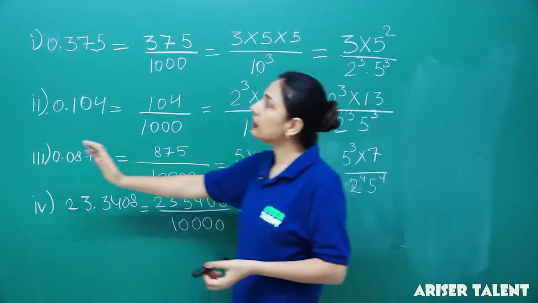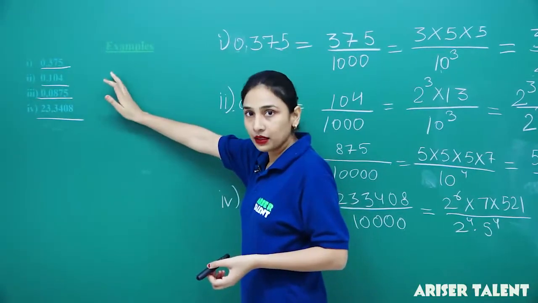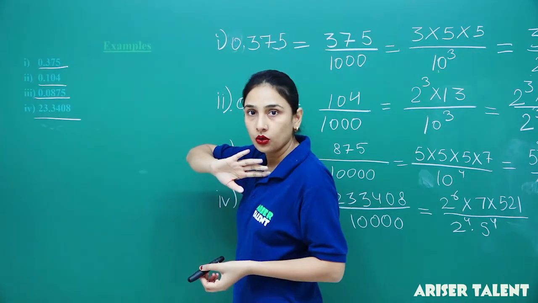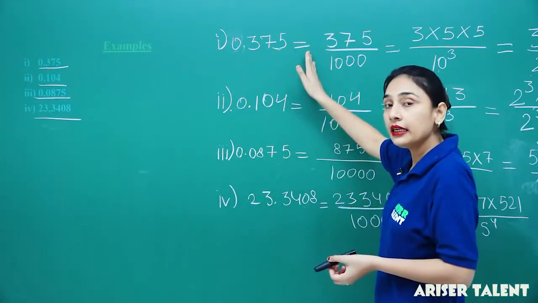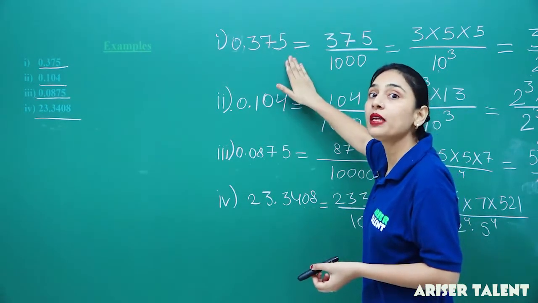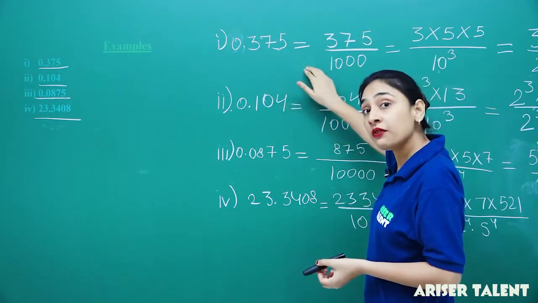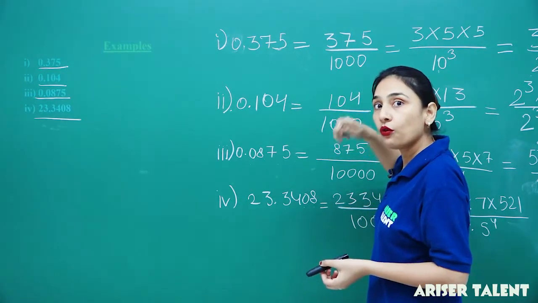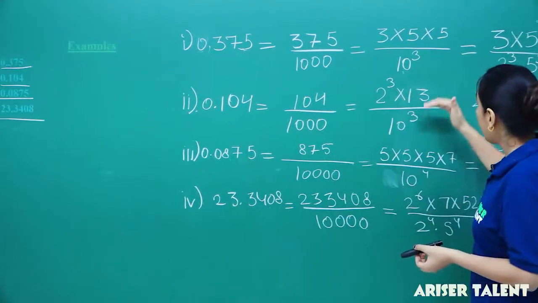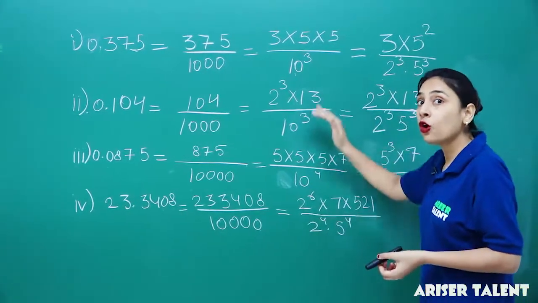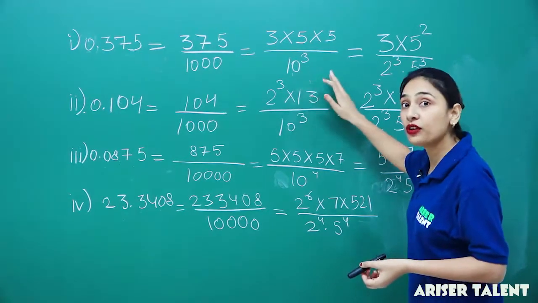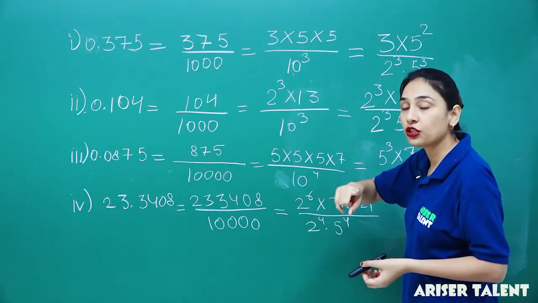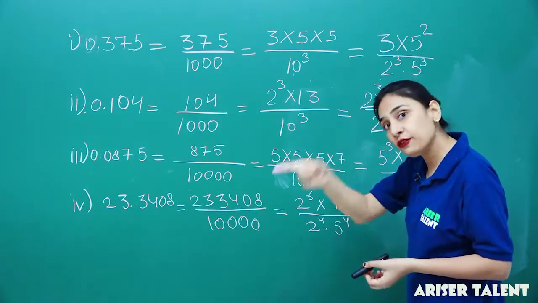We have taken some decimal numbers which are terminating. Now we converted them in the form of p by q, where q is not equal to 0, and what we saw is that the denominator is a multiple of 10, and the multiple of 10 has prime factorization of only 2 and 5.